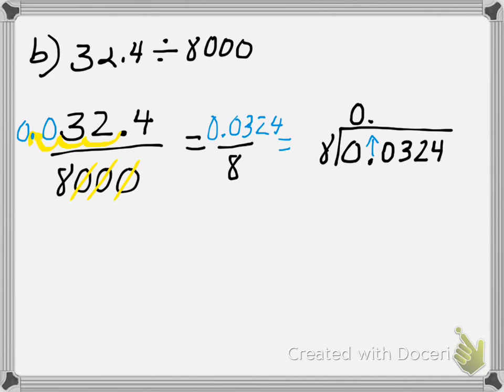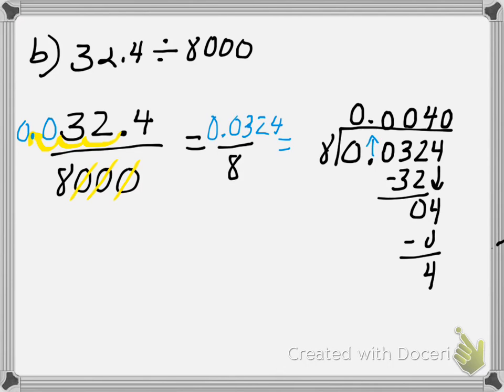So 8 goes in there 0 times, 8 will go in there 0 times, 8 will go in there 0 times, and then 8 goes into 32 4 times, which is 32, and 0, bring down the 4, 8 goes into 4 0 times, which is 0 and 4, and then we can add extra trailing zeros, and 8 goes into 40 5 times.